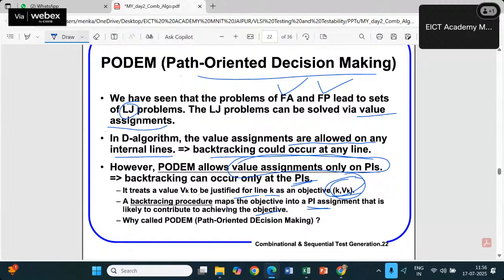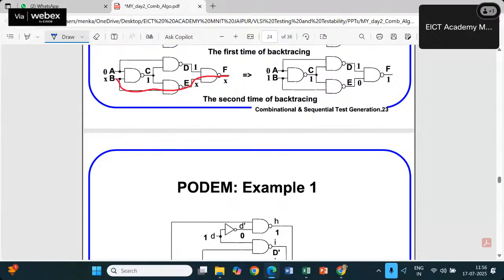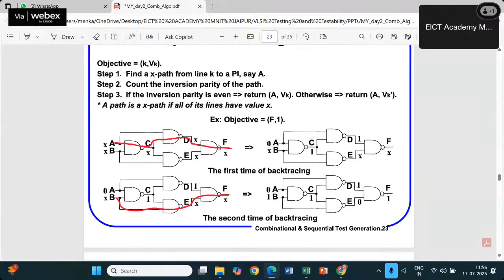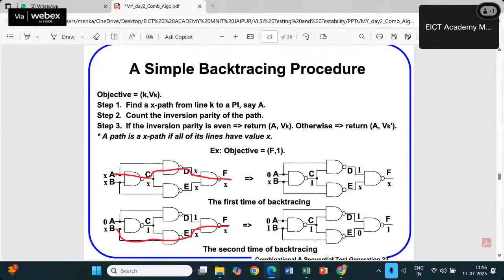Now to understand that, let us have an example. Here the backtracing processor is explained with the help of a simple XOR gate. This XOR gate has A and B inputs. Now C will be equal to (AB) whole bar.